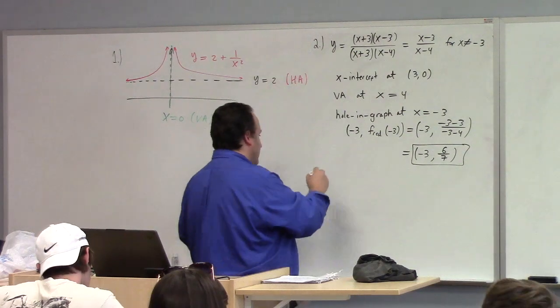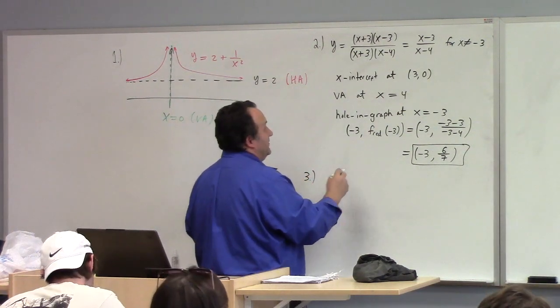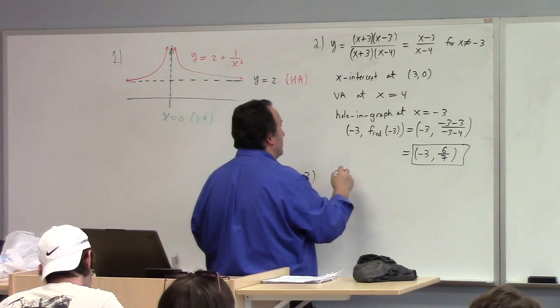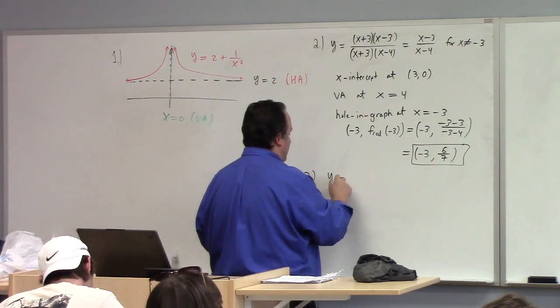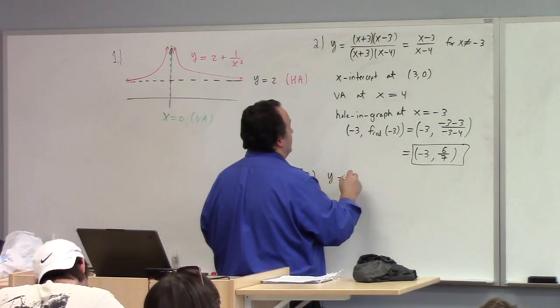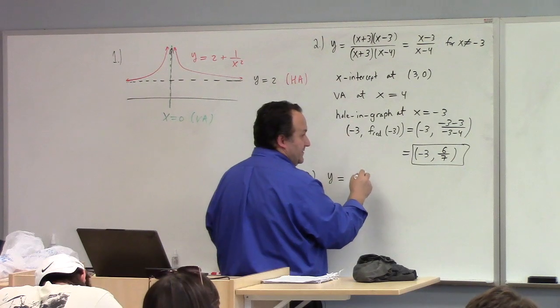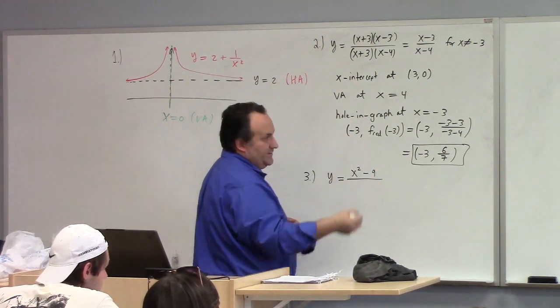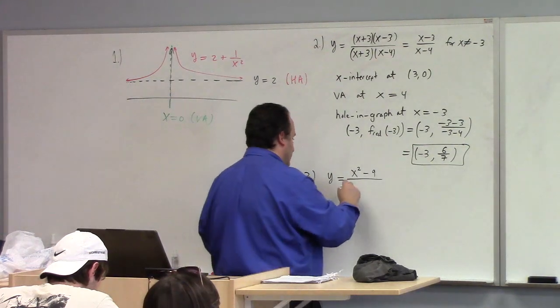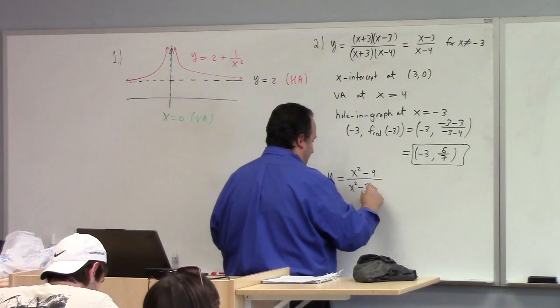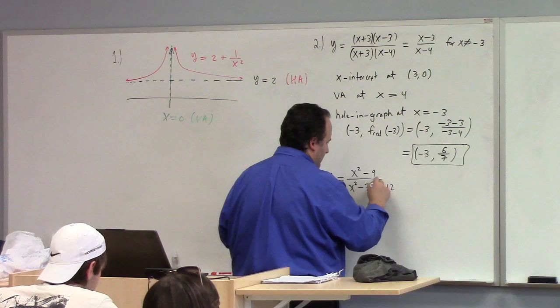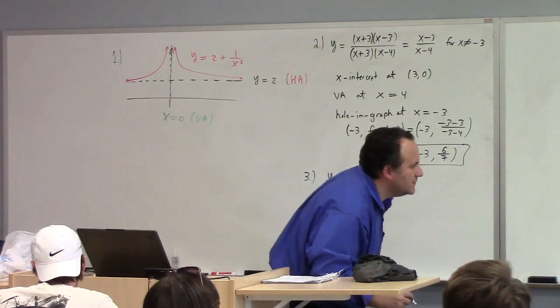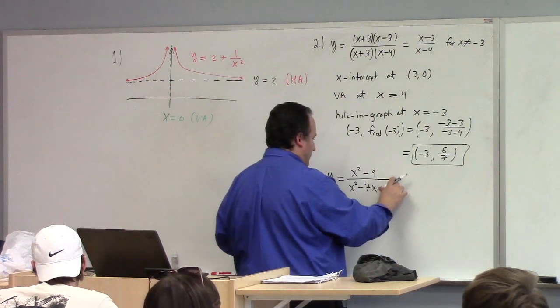Oh, yes. Number 3, going back to what we started with, y equals x squared minus 9 over, and if I multiply out the denominator, I've got x squared minus 7x plus 12. Is that right? Plus 12, right?